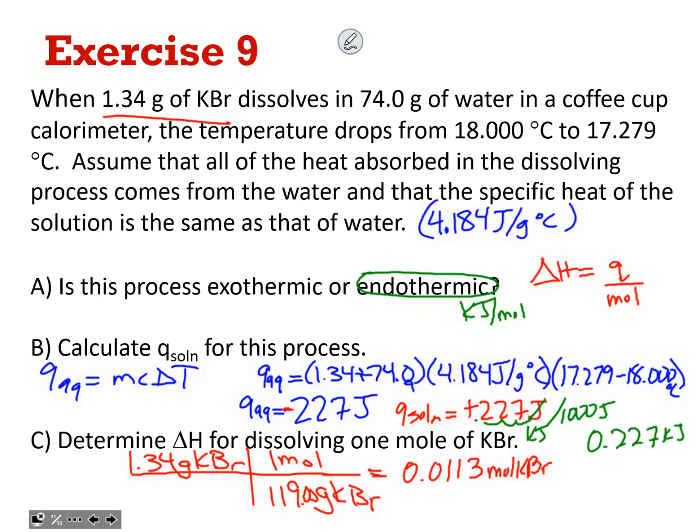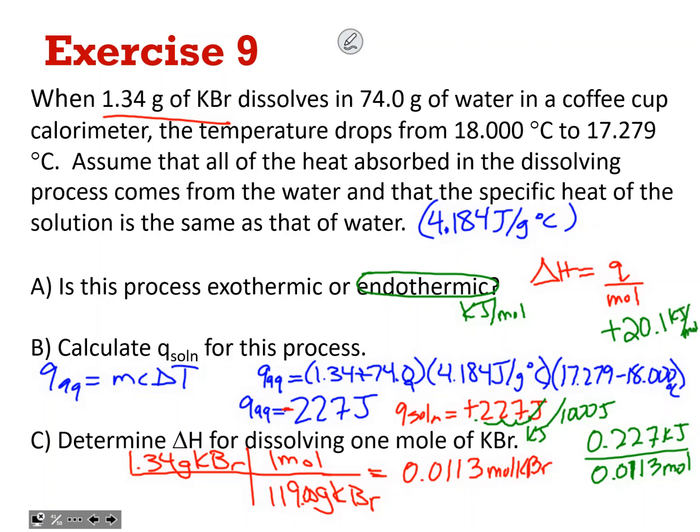So we do 0.227 kilojoules divided by our 0.0113 moles. And then we result in our delta H in kilojoules per mole, which looks like it is going to be positive 20.1 kilojoules per mole.